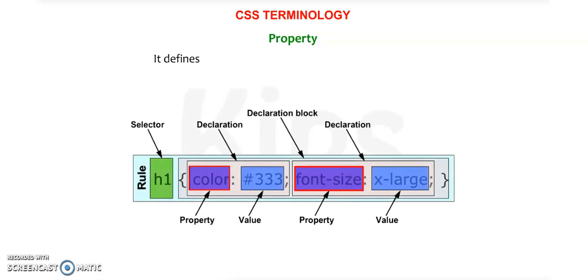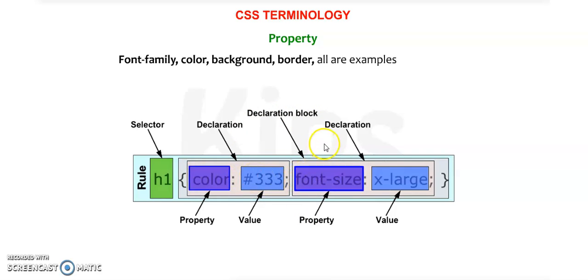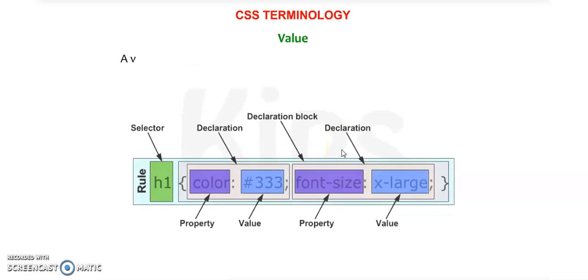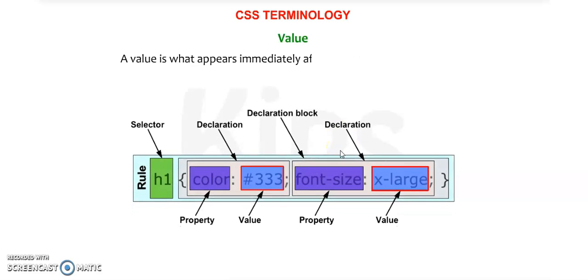Now next is property. What is a property? It defines how different elements look on the web page. You can see different elements, font family, color, background, border, all are examples of property. A property appears before the colon in any line of CSS. Next is value. Value is what appears immediately after the colon in any line of CSS.